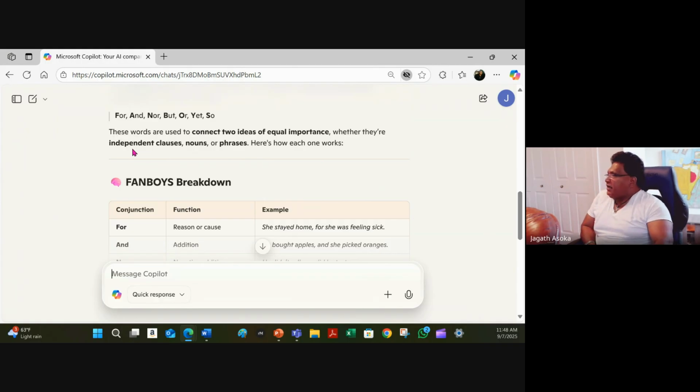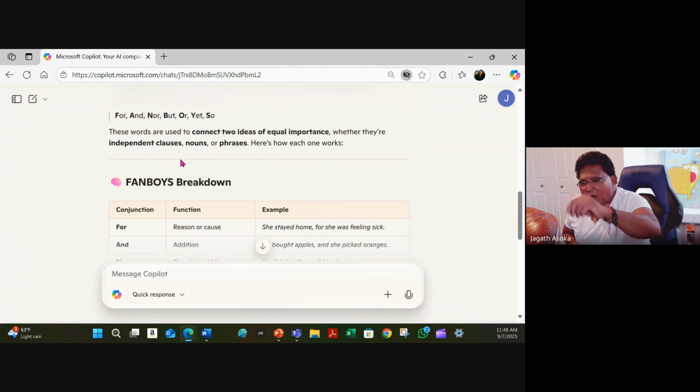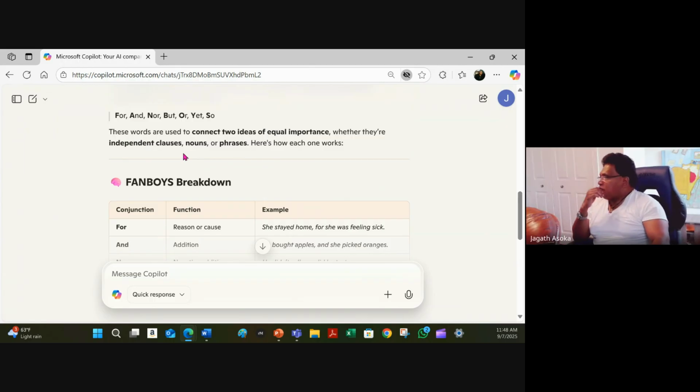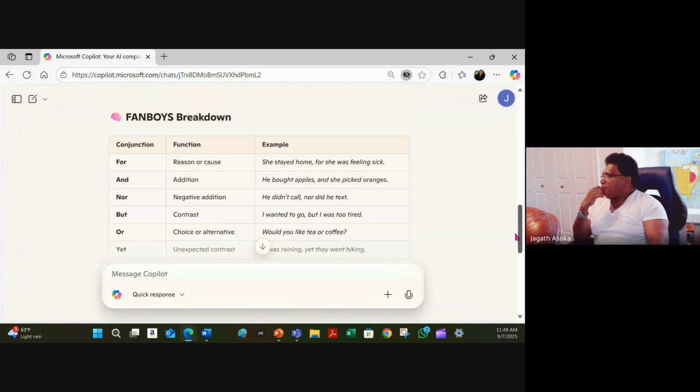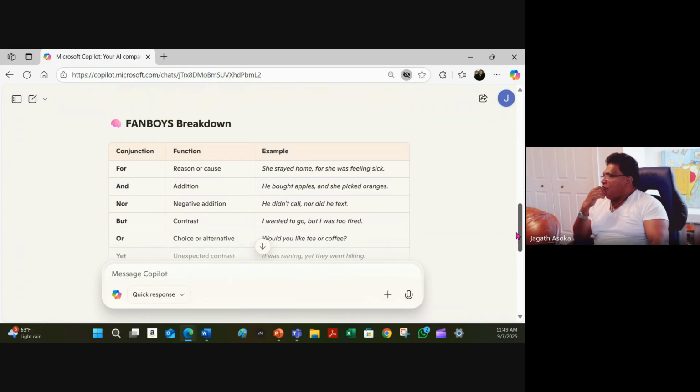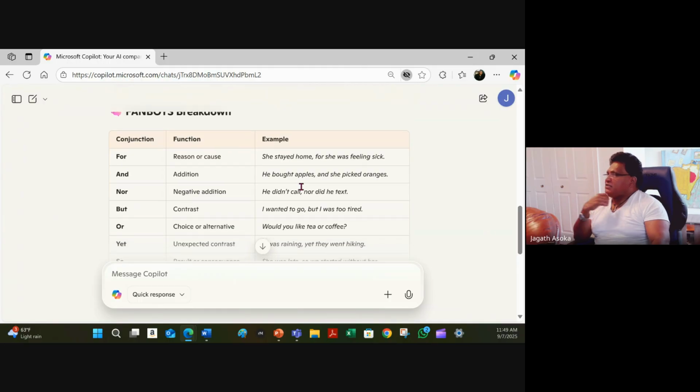This is the trick. In this case, we are using independent clauses. For nouns, for example, red, white, and blue. We'll come to that later. Look at this one: FANBOYS rule, reason for. She stayed home, for she was feeling sick. See this one?